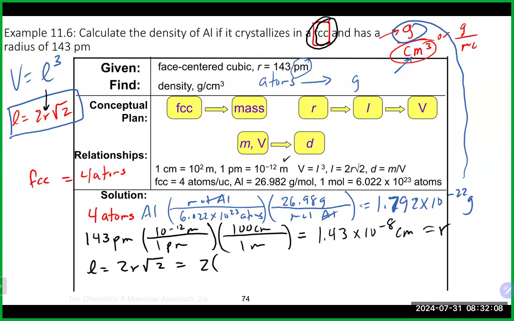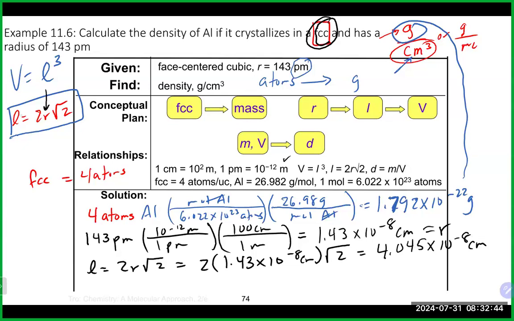So 2 times my 1.43 times 10 to the minus 8 centimeters, times the square root of 2. That's going to give me 4.045 times 10 to the minus 8 centimeters. Any questions on that there?